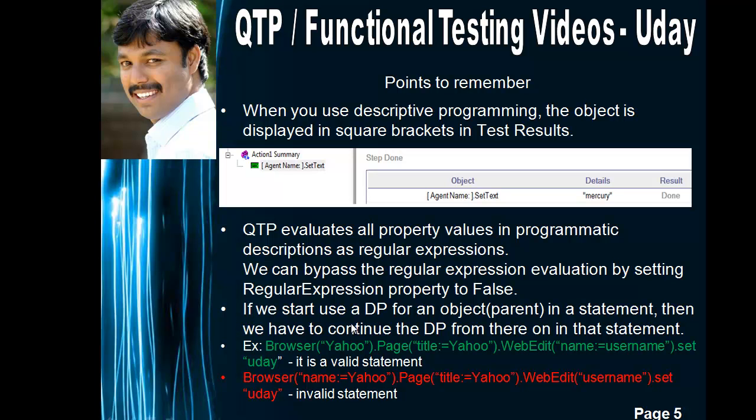And the next one: if we start using descriptive programming for an object in a statement, then we have to continue. For example, as you can see here, Yahoo is there in my object repository, and I used it. After that, I want to use descriptive programming. As I said earlier, we can use both object repository objects and descriptive programming at the same time. But when I start using descriptive programming for an object, for the rest of the hierarchy in that statement, we should use descriptive programming.